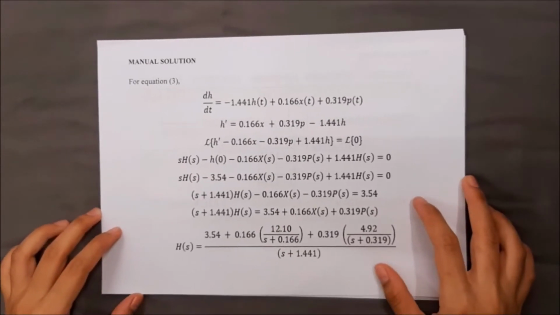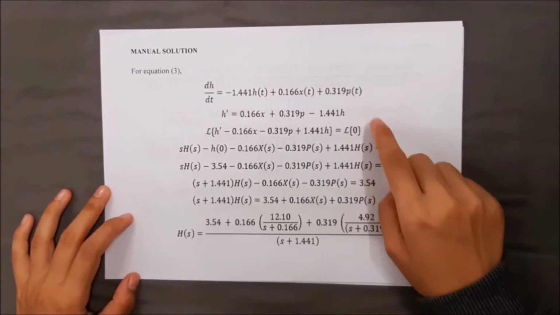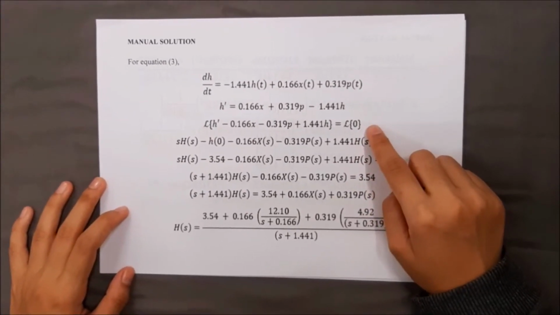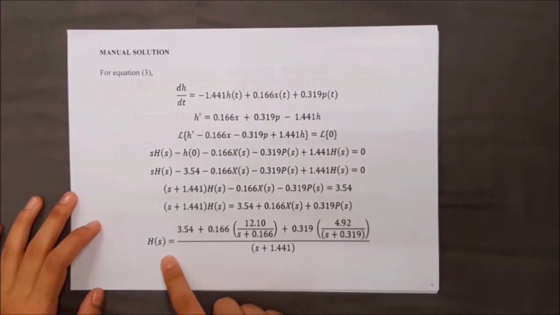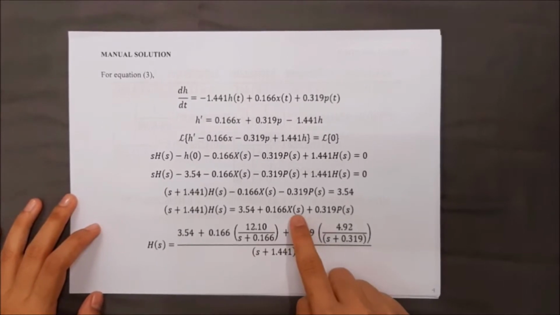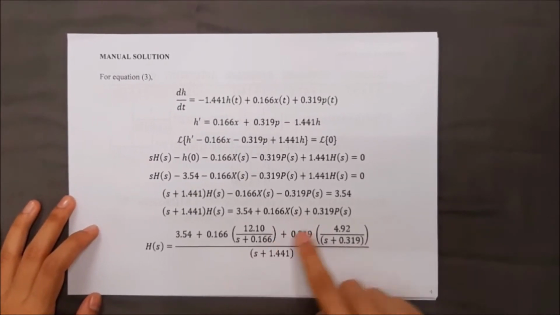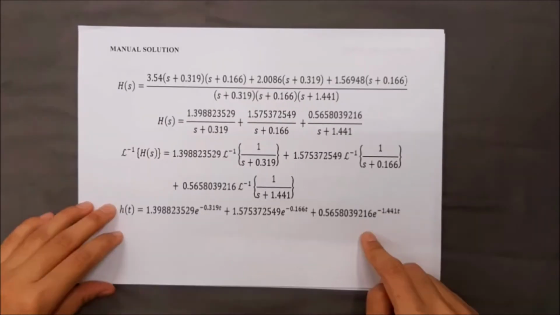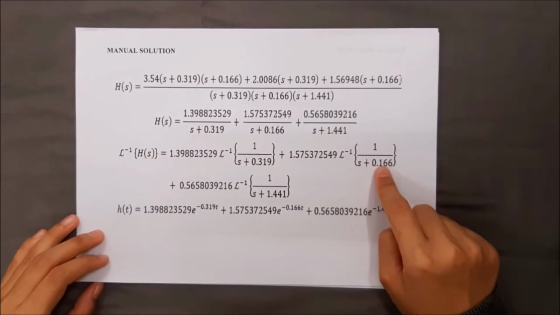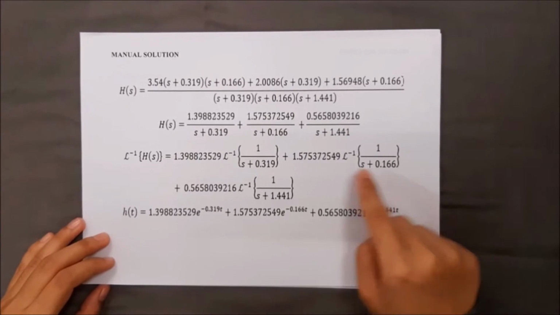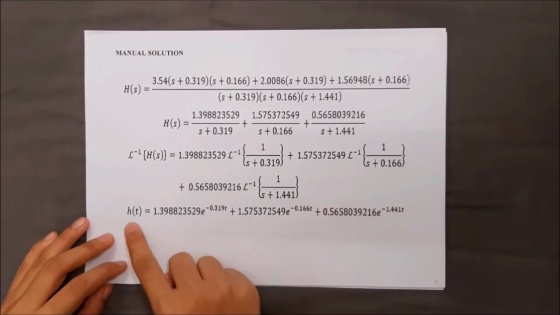For equation 3, first perform Laplace on both sides of the equation, make H(s) the subject, and substitute X(s) and P(s). Then do the partial fraction. Later perform inverse Laplace. Then we get h(t).